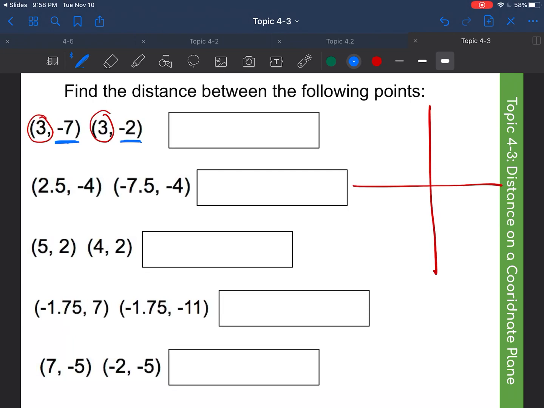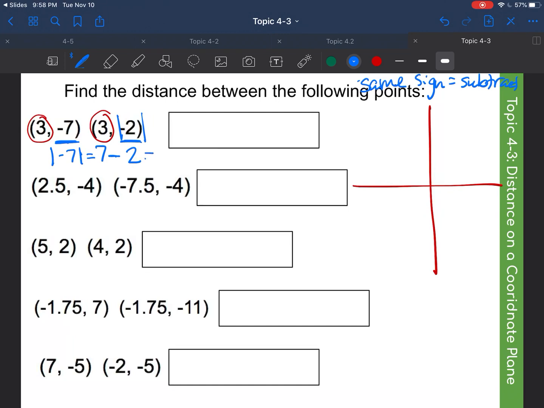So think in your head, same sign equals subtract. Same sign, subtract, okay? But before we subtract, we need to take the absolute value. So the absolute value of negative 7 is 7. The absolute value of negative 2 is 2.